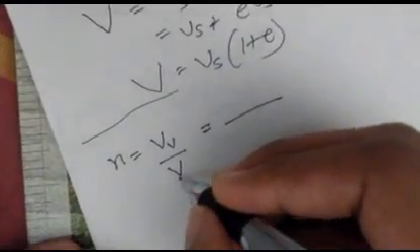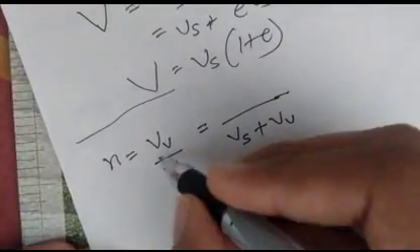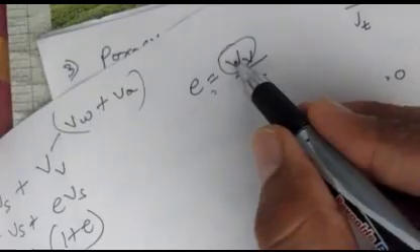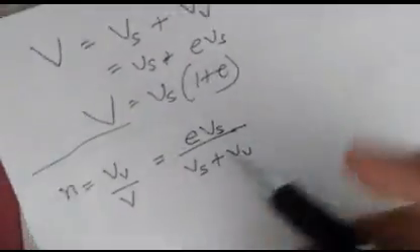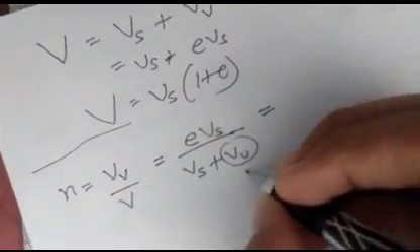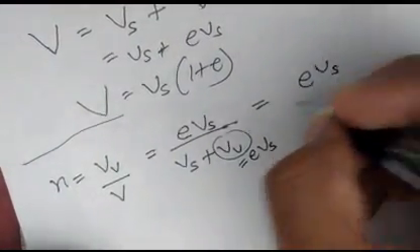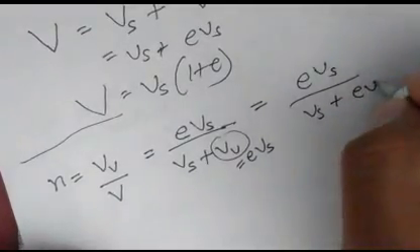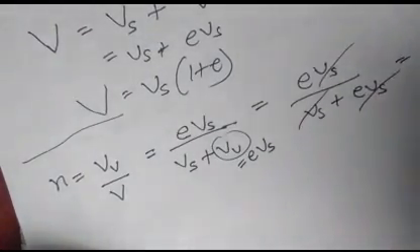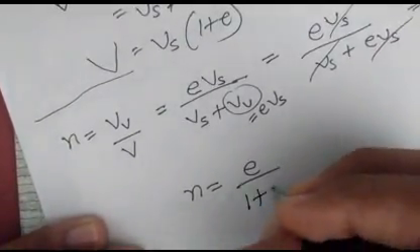Total volume is volume of solids plus volume of voids, and volume of voids is E into Vs. So n is equal to E Vs by Vs times (1 plus E). I cancel all the volume of solids, and I get E by 1 plus E. So my formula becomes n is equal to E by 1 plus E.